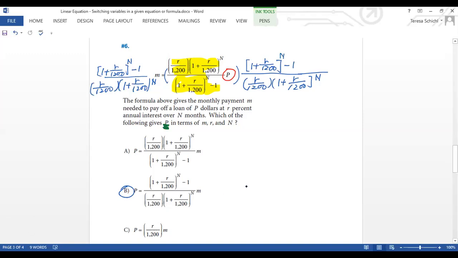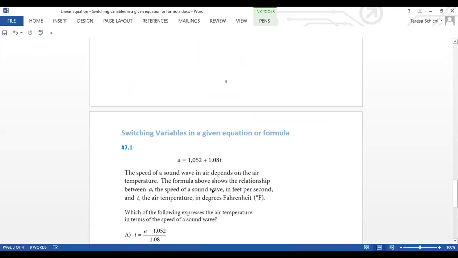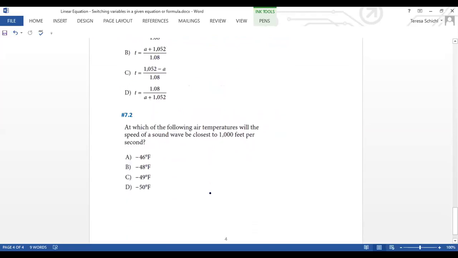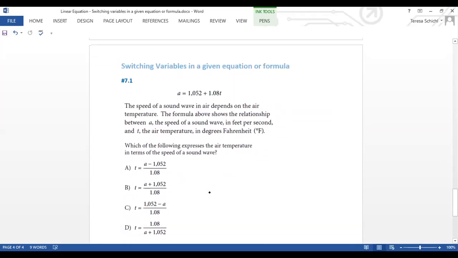Okay, now let's take a look at the next one here, right? The next one has two parts, so let's try to finish it. Let's say the speed of a sound wave in the air depends on the air temperature.